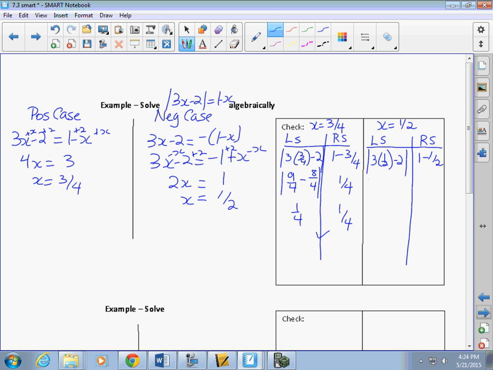So 3/2 minus 4/2 is equal to absolute value of negative 1/2, so that's 1/2. 1 minus 1/2 is 1/2, so that works. So then my solution, and you should always write your solution out, I didn't do it in the last one, but x is equal to 1/2 and 3/4. So clearly identify it as your solution.